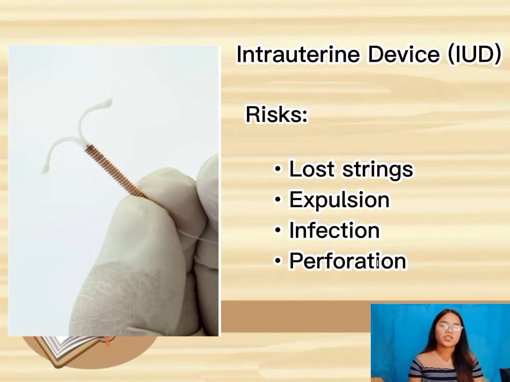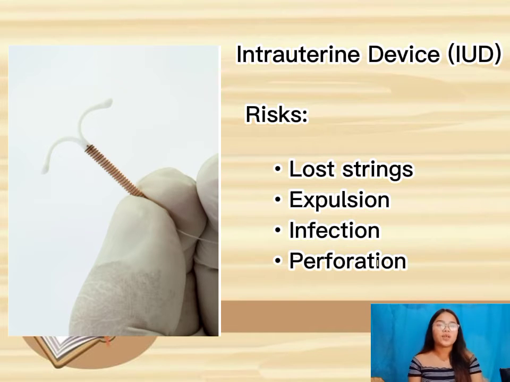Third, infection. One of the most serious complications that can arise because of an IUD is infection. IUD infections are generally a result of the insertion process. If an infection does occur, it can lead to pelvic inflammatory disorder. Fourth one, perforation.